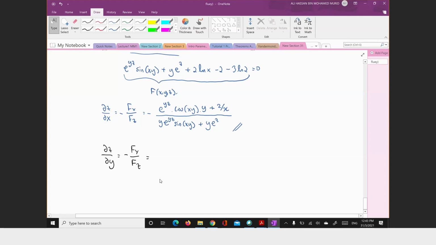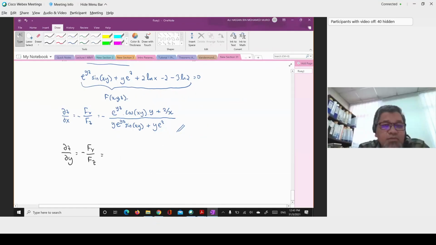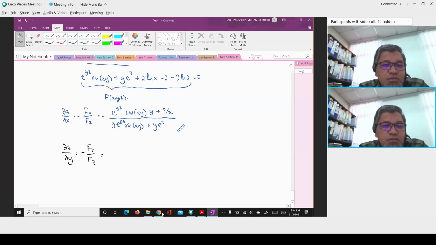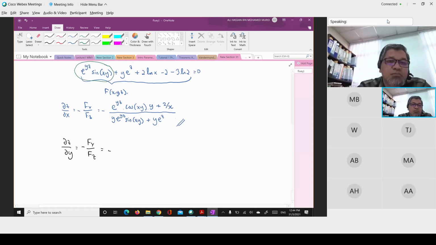You want to differentiate with respect to y, you have to use the product rule because the exponential term contains y, the sine also contains y.